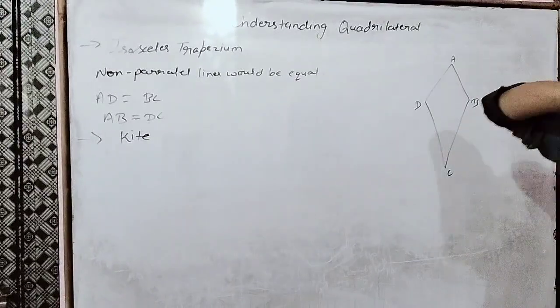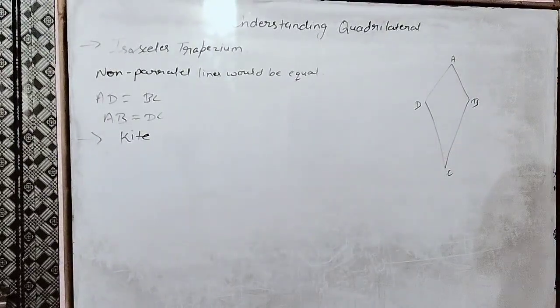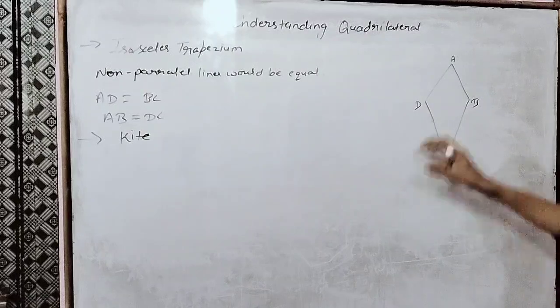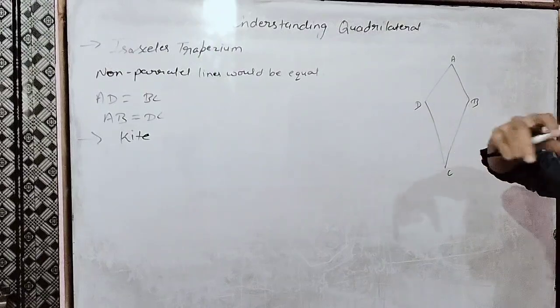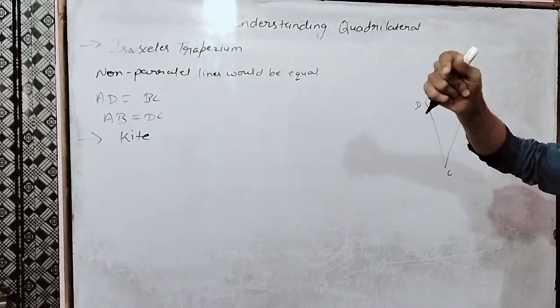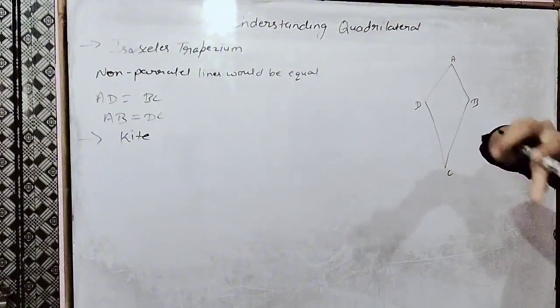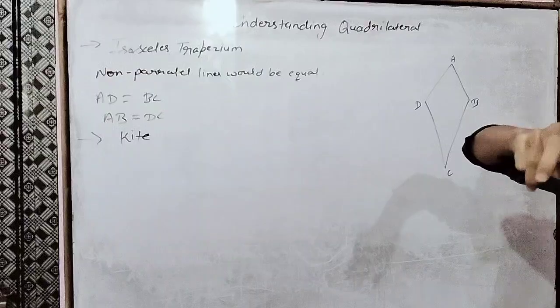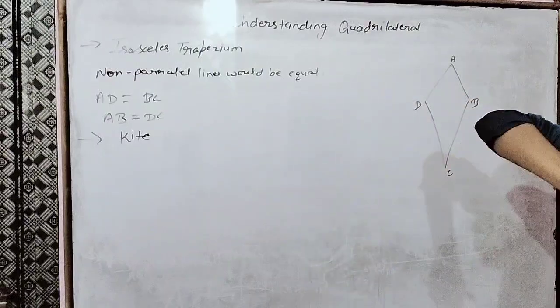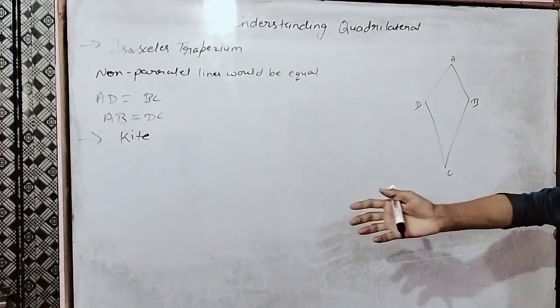Here we discussed in the discussion of rhombus that all sides are equal. The measure of all sides of a rhombus is equal.